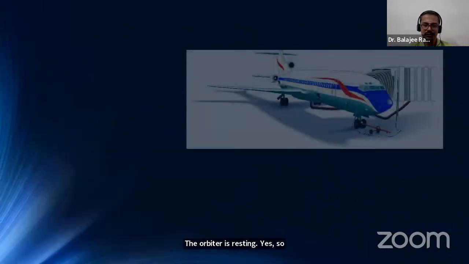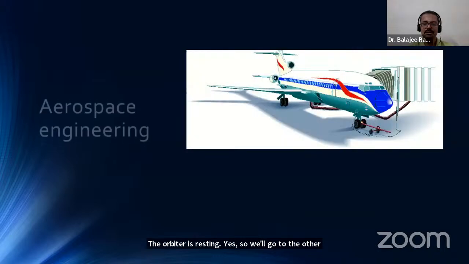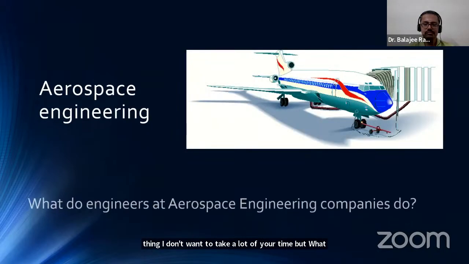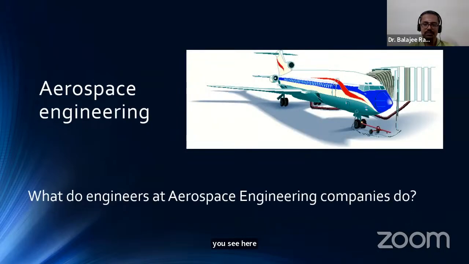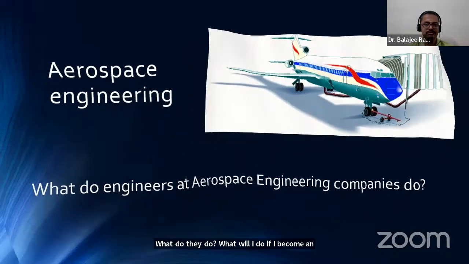I don't want to take a lot of your time, but what you see here is a commercial aeroplane. Immediately, some of you may have the question in your mind: what do engineers at aerospace companies do? What will I do if I become an aerospace engineer?